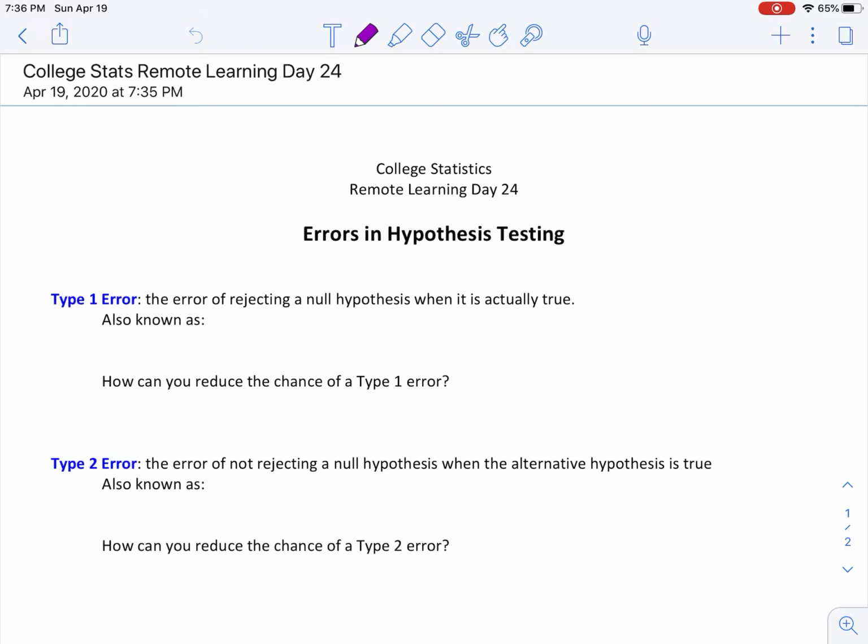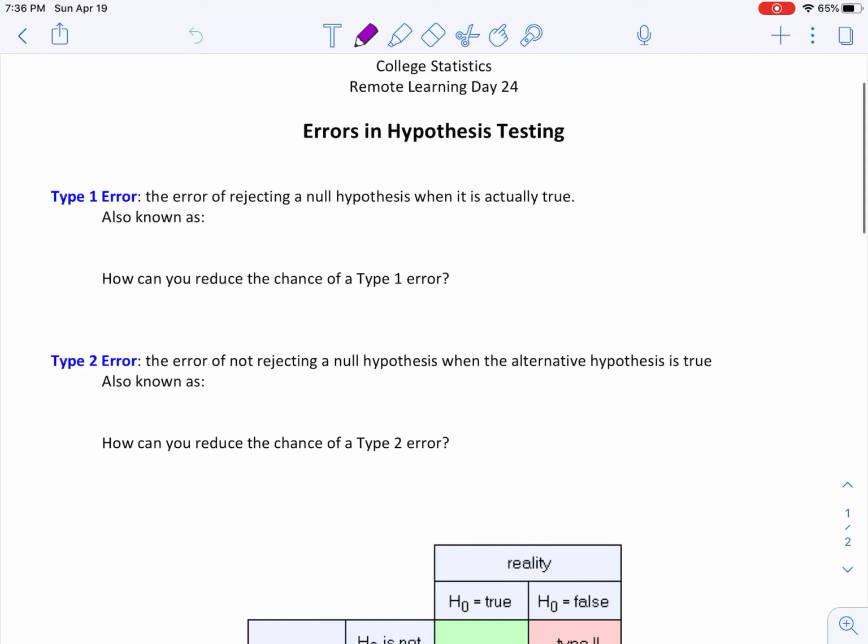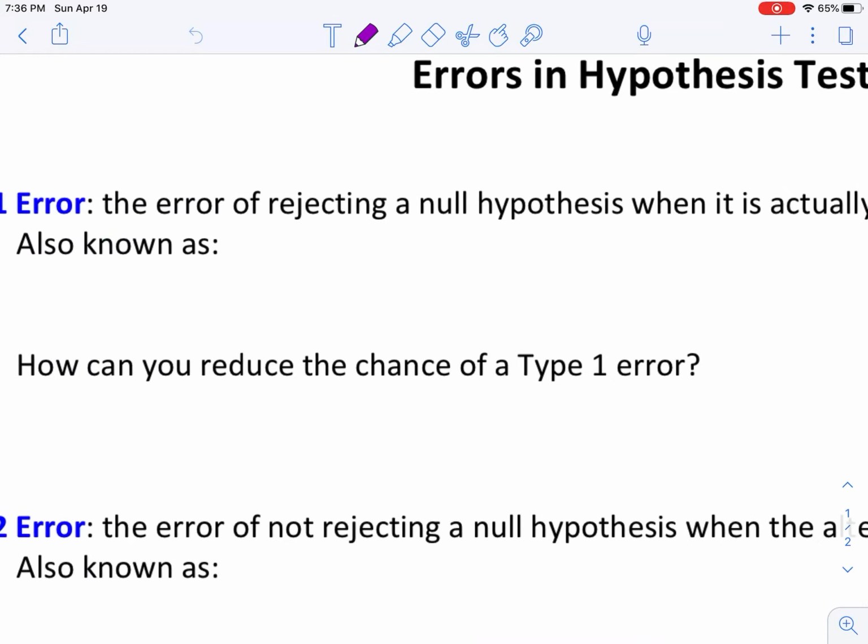Right before break, we were talking about the errors that can occur in hypothesis testing. So type 1 and type 2 errors should sound familiar to you. When you reject the null hypothesis when you shouldn't have, that's type 1, also known as a false positive, meaning you're getting a positive result by mistake.